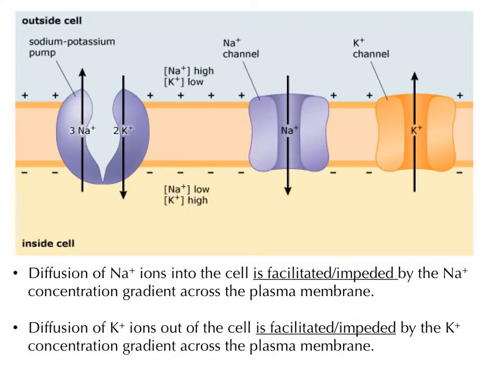So that would be that it is facilitated or helped by the concentration gradient. Now let's look at the potassium. Potassium moves in this direction. So is that facilitated or impeded by the potassium concentration gradient? It's going high to low potassium, so that one is also facilitated. So the chemical force in this scenario helps move both the sodium and potassium ions passively across the membranes.